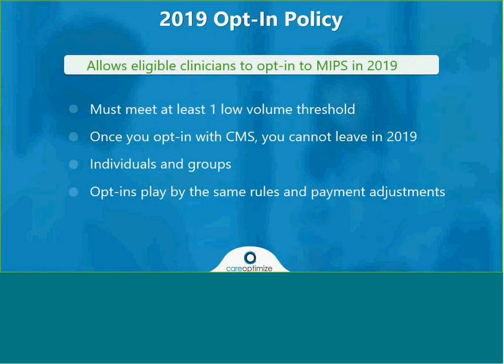So they've got the dollar amount and the Medicare beneficiaries of at least 200. But if they didn't meet the 3rd, they would not have to participate. Well, now you can choose to participate even if you don't meet all 3 of those thresholds. So as long as you meet 1, you are able to participate. So again, if you meet none of them, this does not apply to you. But if you meet at least 1, then you are able to opt in.